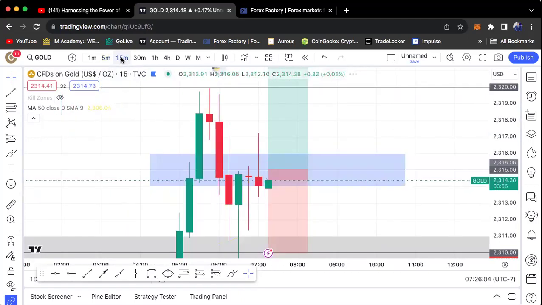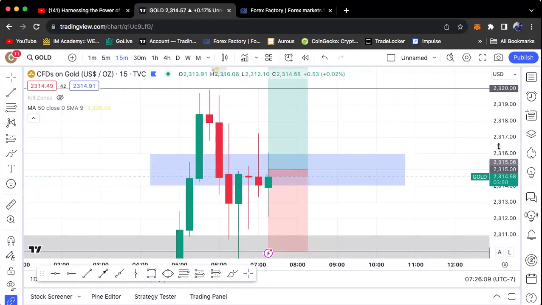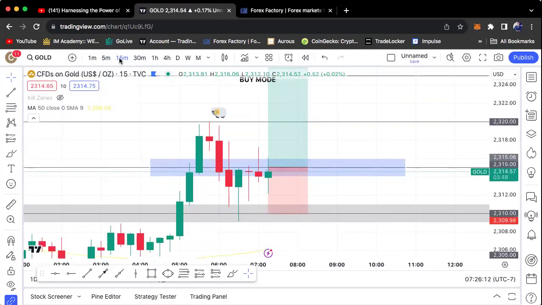It's dancing within that zone. 15-minute, still giving me a bullish 15-minute candle. Let's just wait for a little bit. You guys can wait for the 30-minute mark.